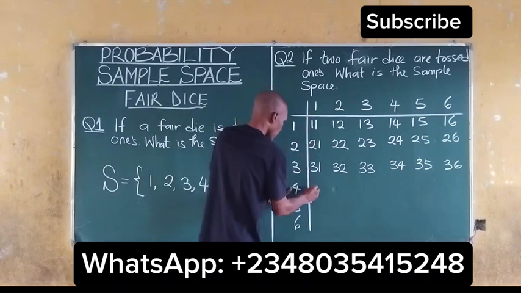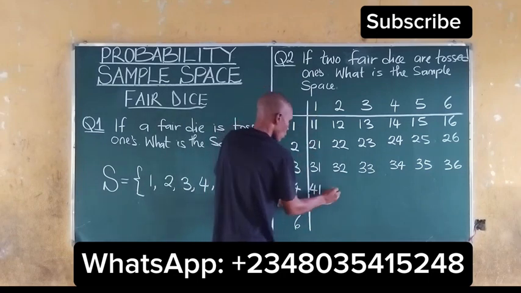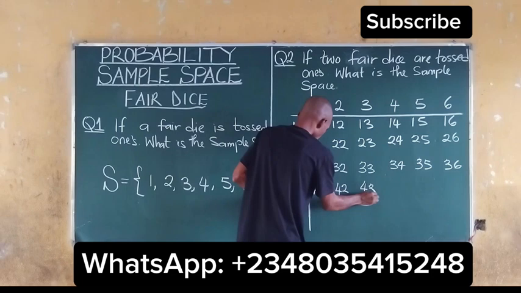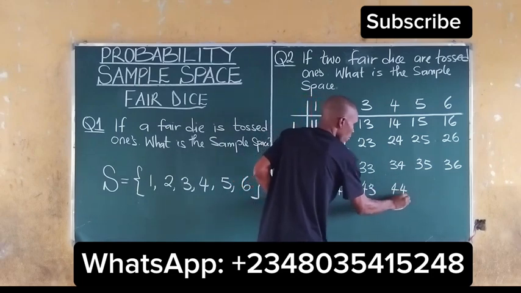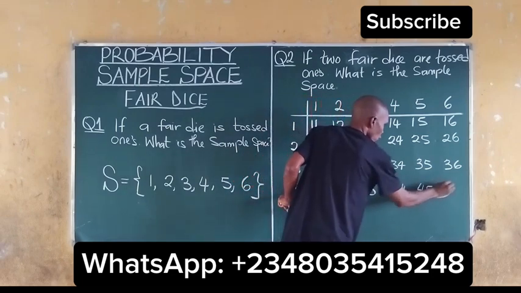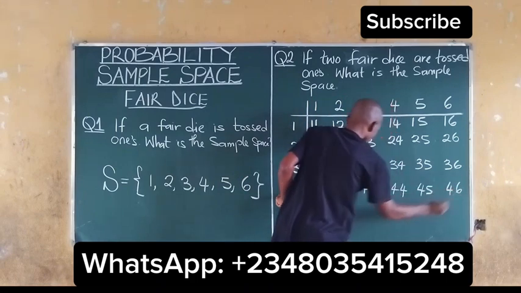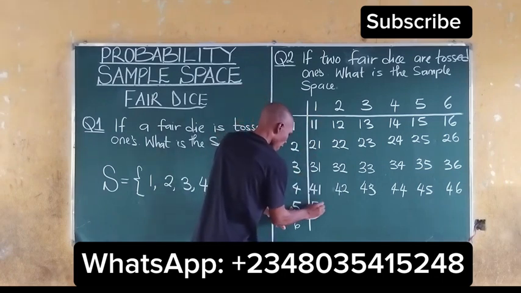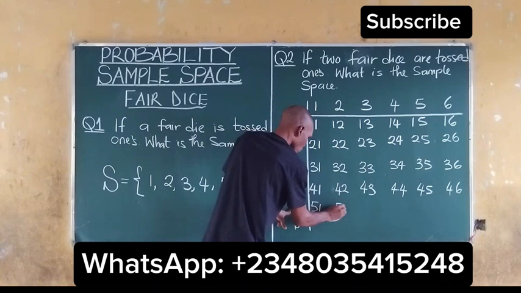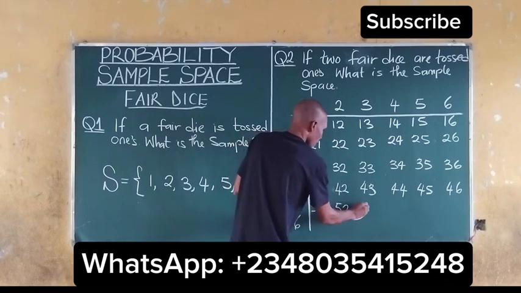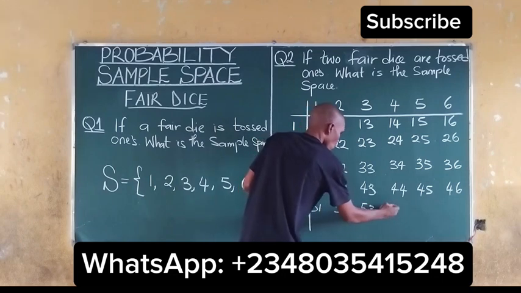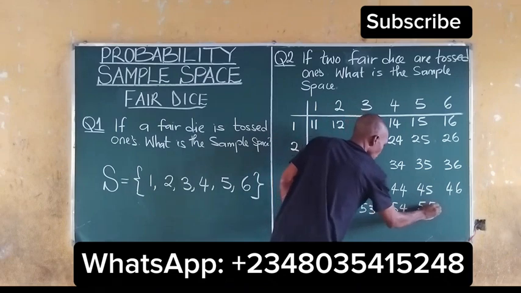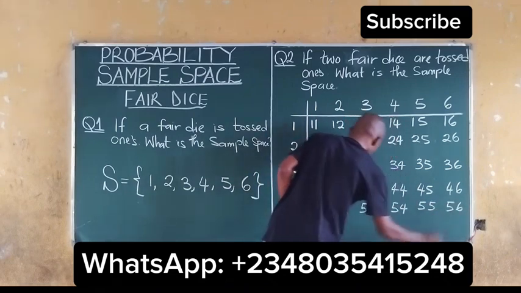If you combine this and this, you get 4,1, or 4,2, or 4,3, or 4,4, or 4,5, or 4,6. If you throw this, you get 5,1, or 5,2, or 5,3, or 5,4, or 5,5, or 5,6.